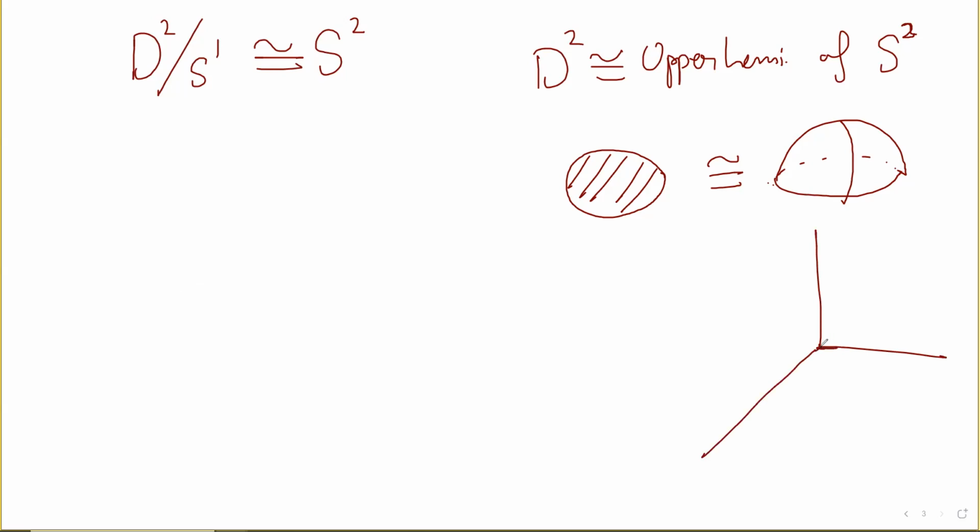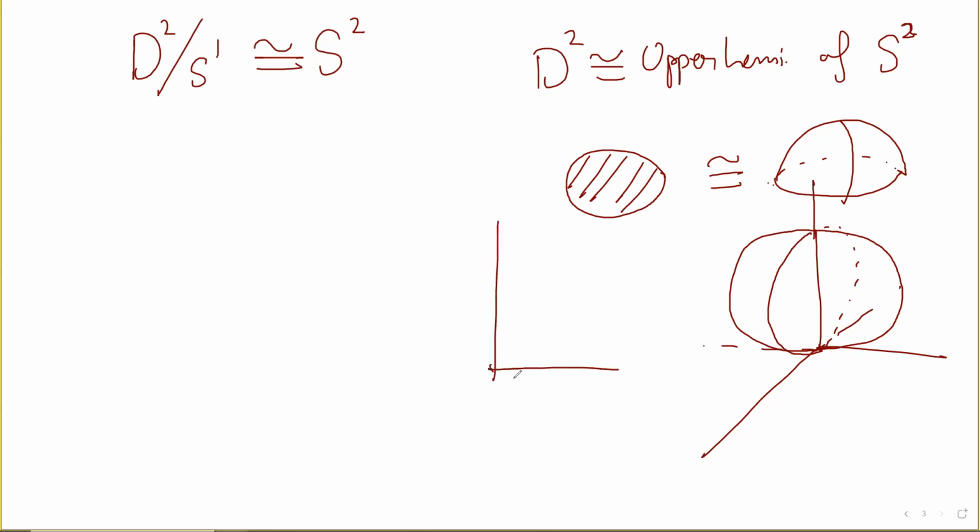So you take S2 with the south pole as the origin, and now of course, with the same coordinates, you take D2, right?